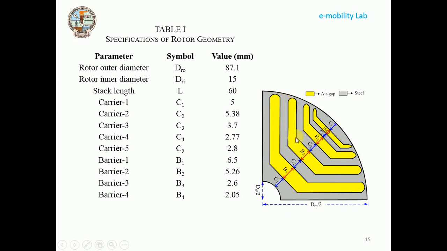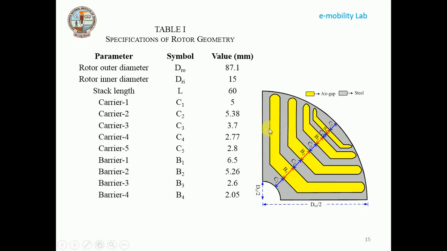Now, if you have one barrier, suppose we have only one barrier here, you forget about all this B1, B3, B4, you have only B2 in the structure. Now, the entire iron part is divided into two regions. One will be in this region and another will be in this region.